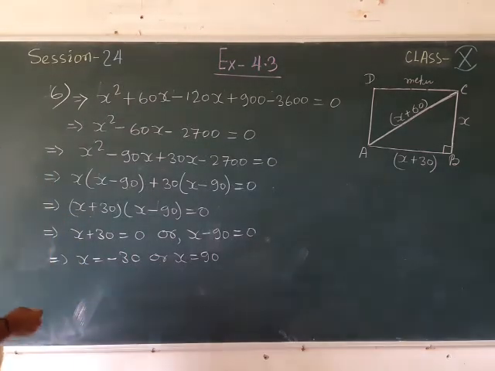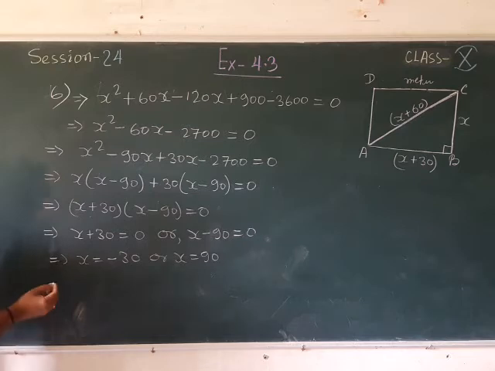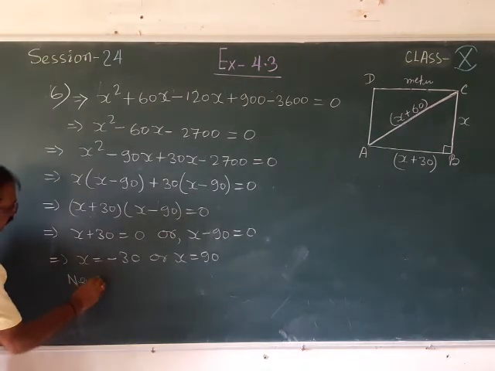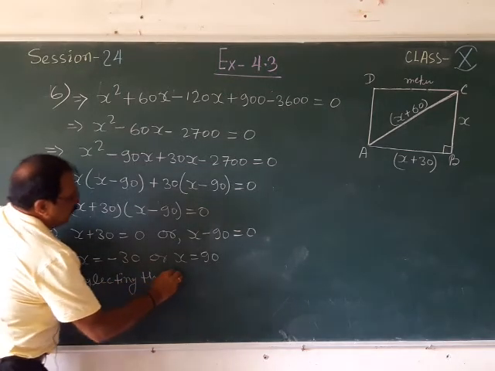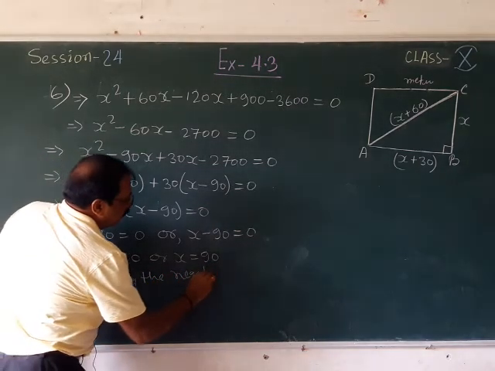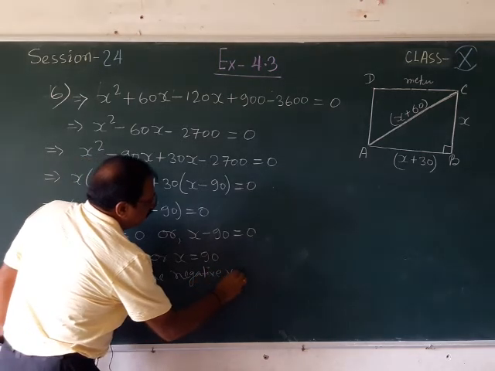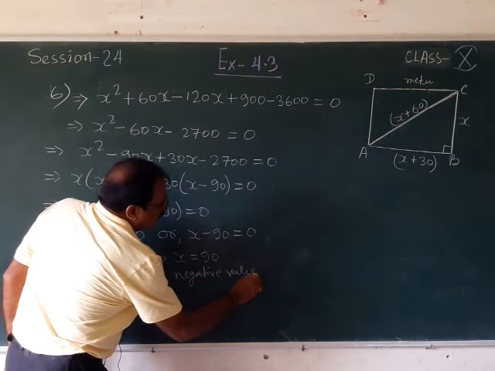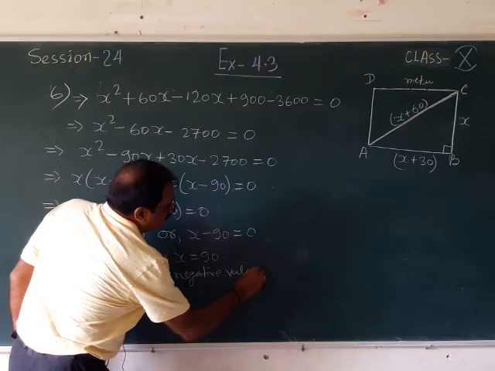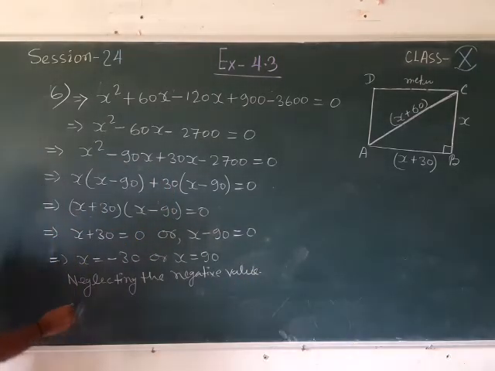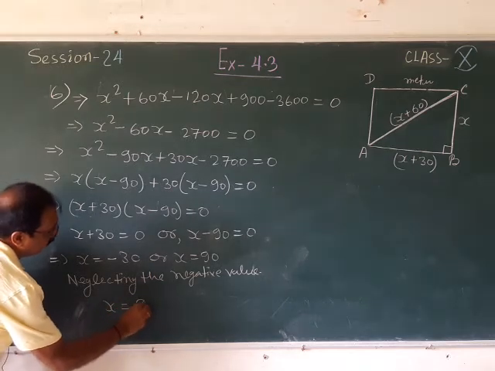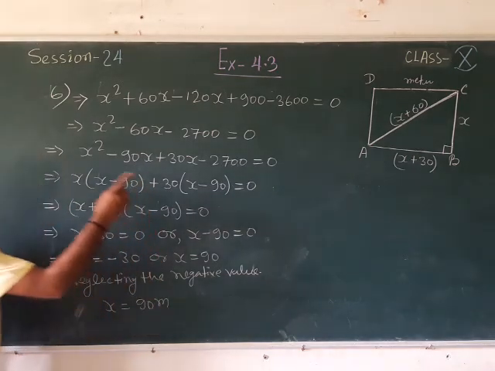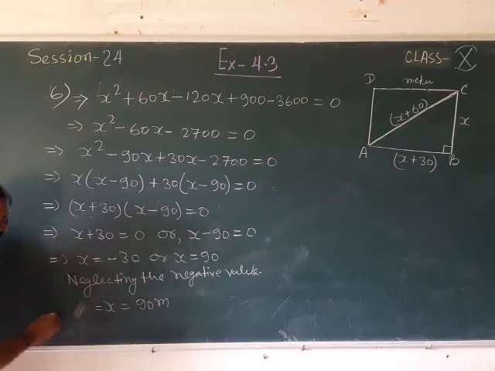Once again you can neglect the negative value because dimension cannot be negative. So, neglecting the negative value, x equals 90 meter.